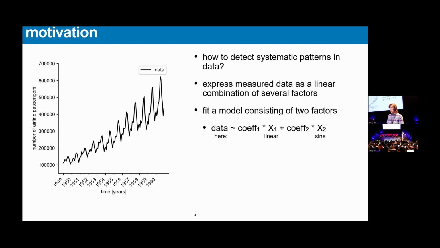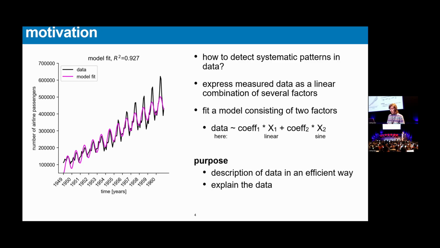So the approach would be to find the optimal weighting, the coefficients, for examining our data in that way. So let's see. We perform a model fit. Many of you are probably familiar with fitting these very simple models, and we achieve quite a good fit.